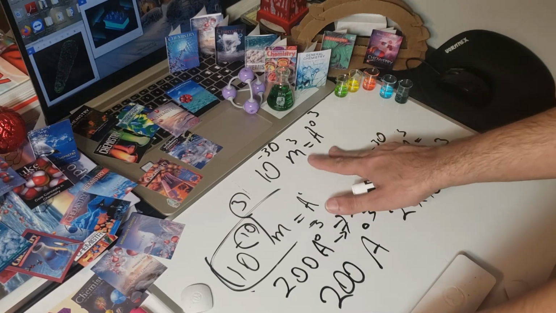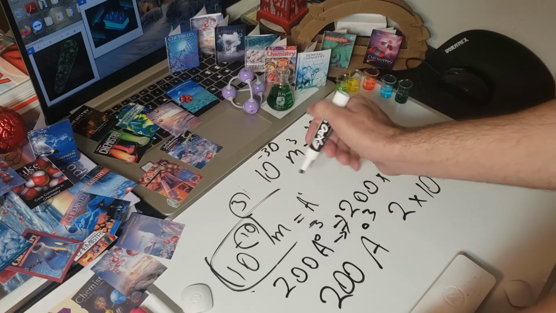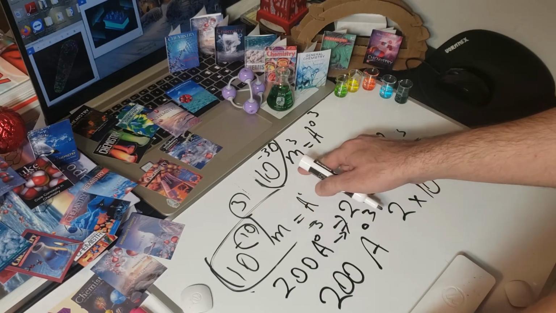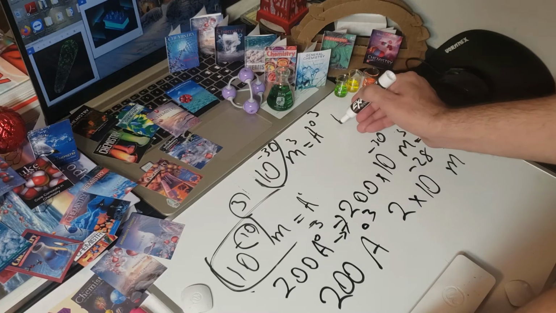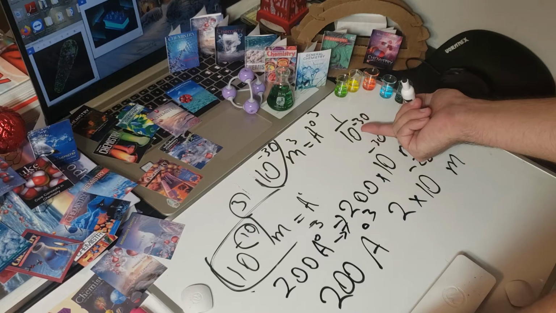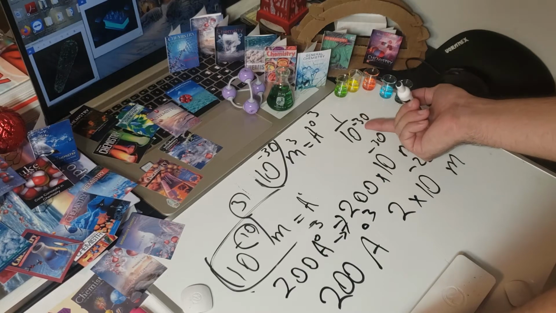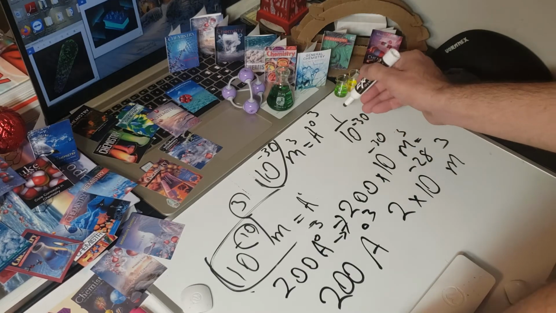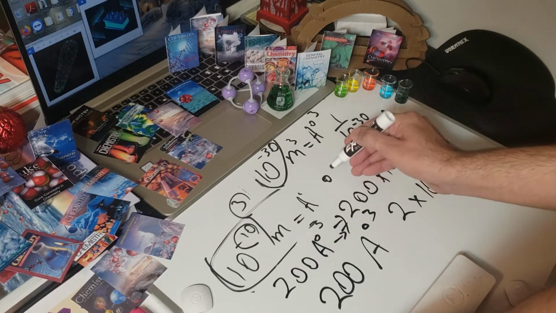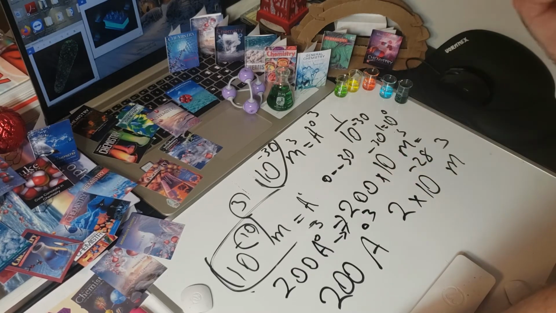Also, if you want to do the reverse, you could just move this 10 to the power thing to the other side. Because it's multiplied, it goes down, and it should be 1 divided by 10 to the minus 30. When you do that, you have to change the sign. 10 to the power of 0 minus minus 30 makes 10 to the 30.